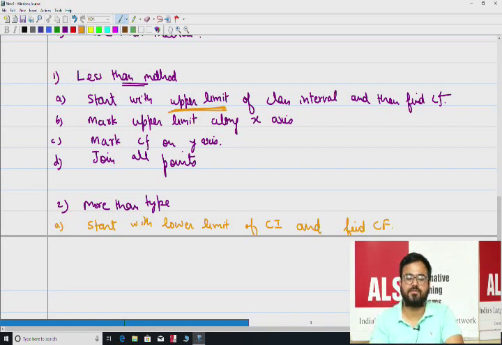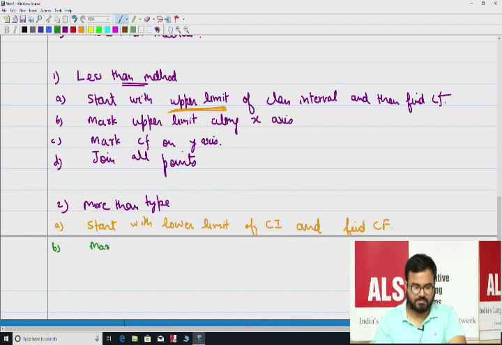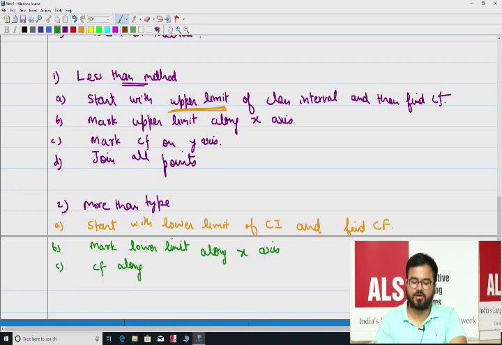So here it says start with the lower limit of class interval and then find CF. Right, the rest of the things are the same. Mark lower limit along the x-axis, cumulative frequency along the y-axis, plot points and join them.